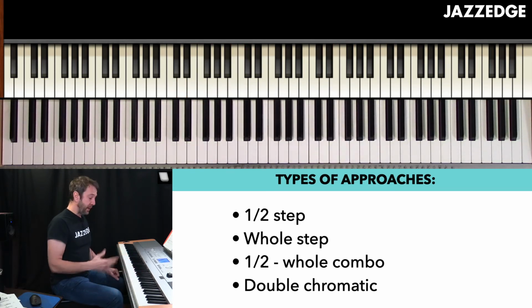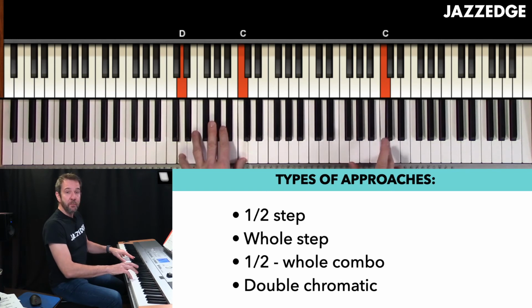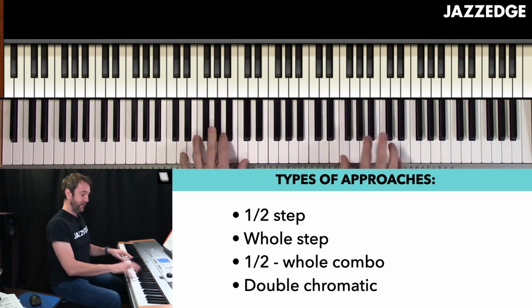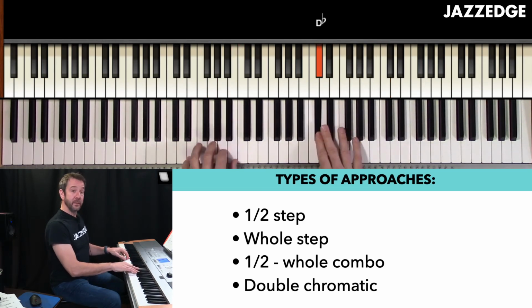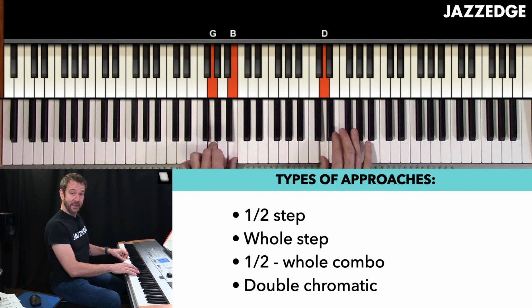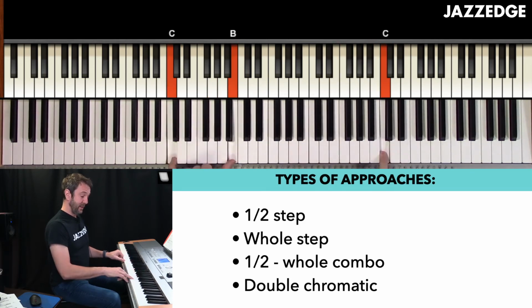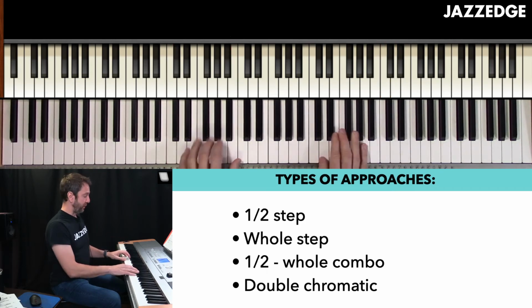Now you might say, well, wait a second, you did a half step from above. Well, what about going a half step from below? Sure, let's try it. D, C, B, A, G, F, E, C sharp, then come up to the D. I just walked right back up.